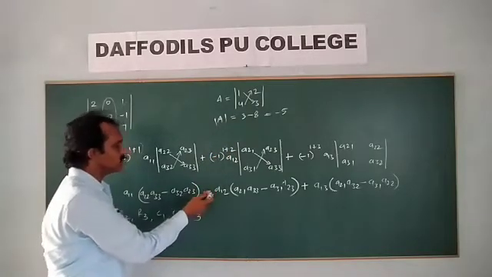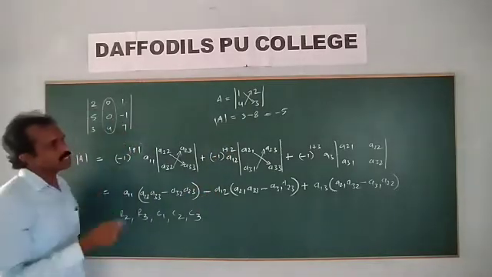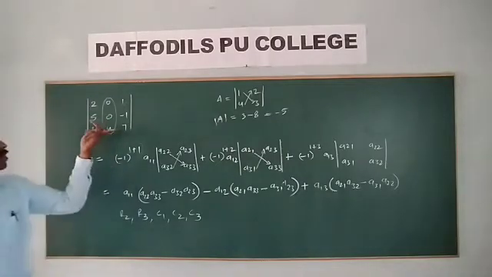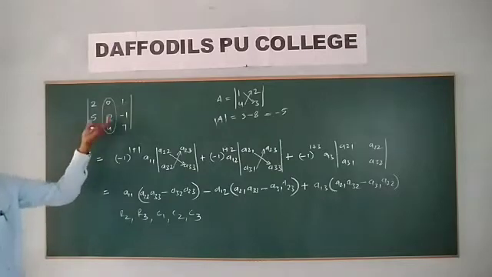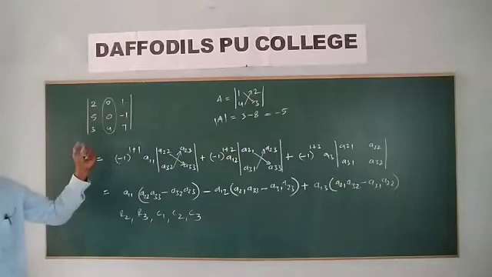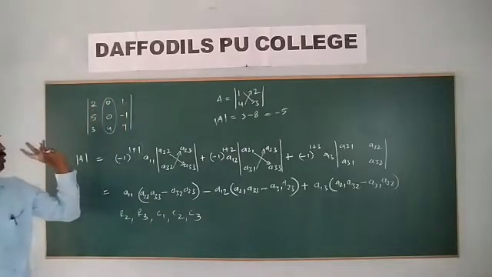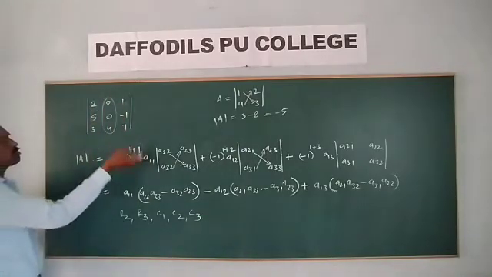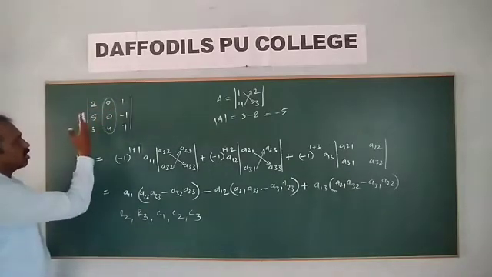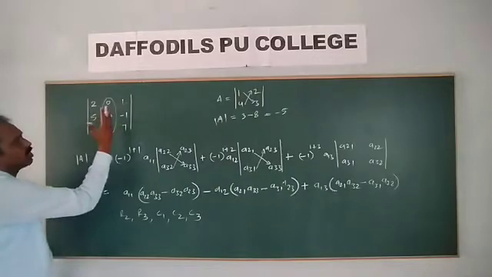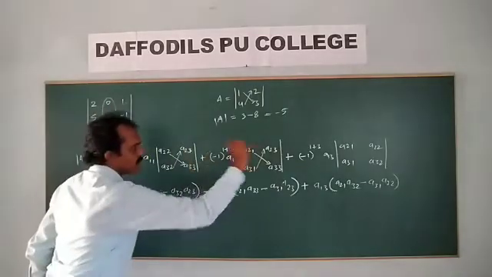Odd number means minus, even number means plus. These two are important points. In a row or a column, if more zeros are there, it is better to expand the determinant along that column or that row. That is our choice, the first row or second row, third row, or first column, second column, third column, in the same process.